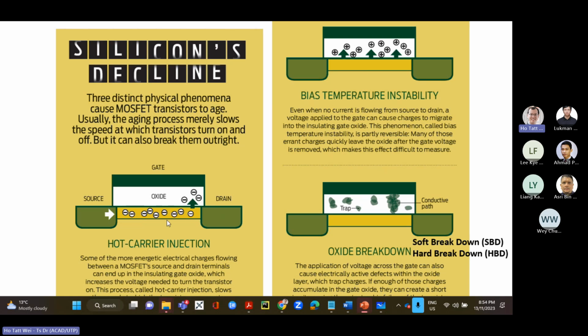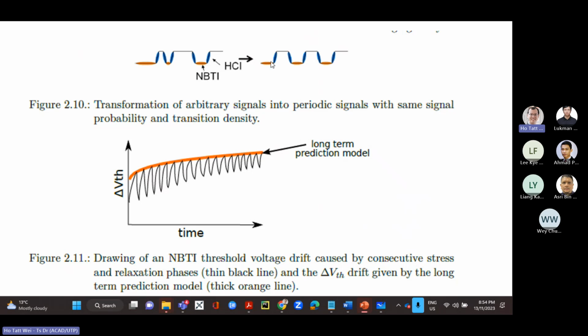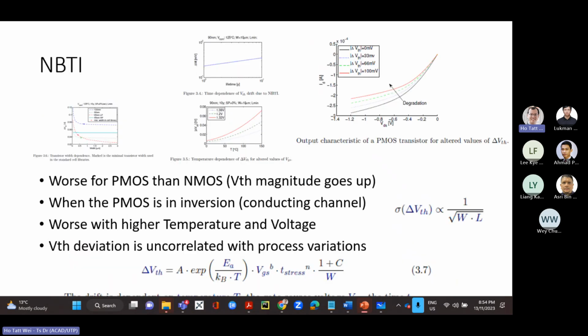That tends to happen when you are transitioning from logic 0 to logic 1, or logic 1 to logic 0. So in very quiet, inactive circuits, HCI is not an issue. HCI is an issue in very active circuits. And BTI is always an issue because as long as you're holding that logic level, you will suffer from it. Okay, so NBTI in a way is something that you look for first.